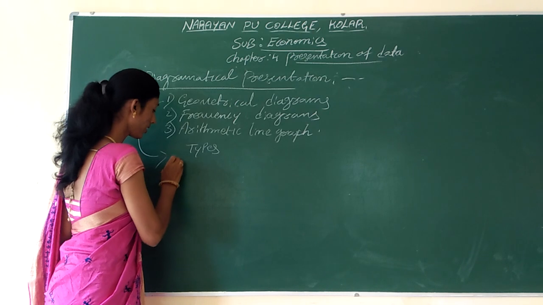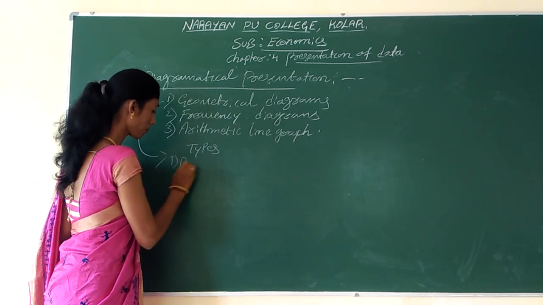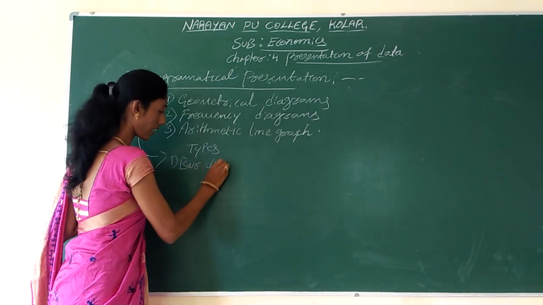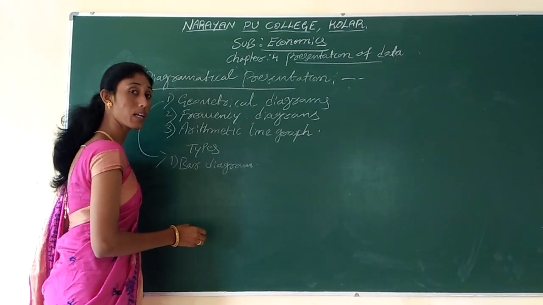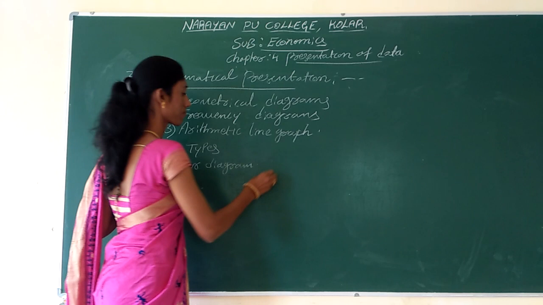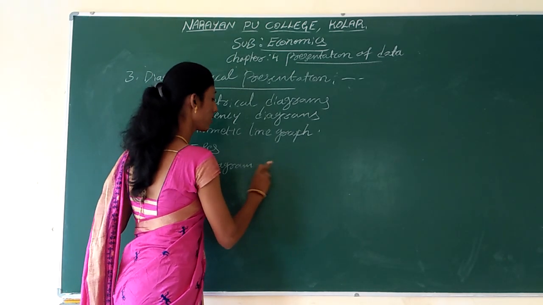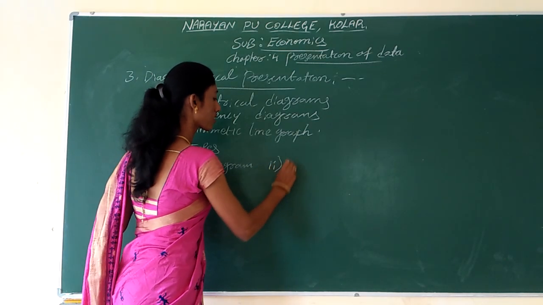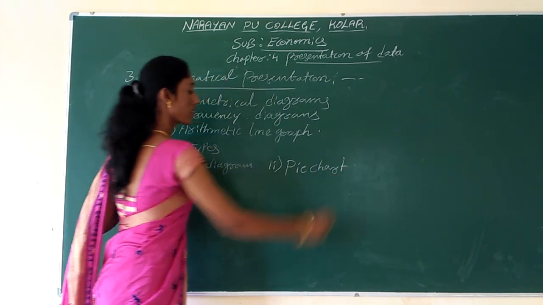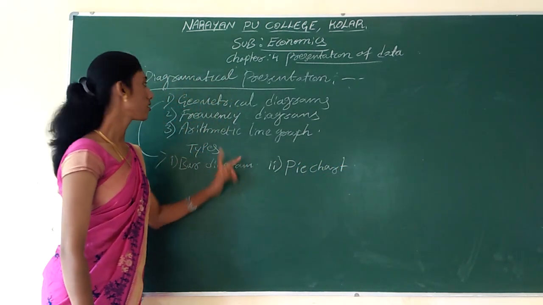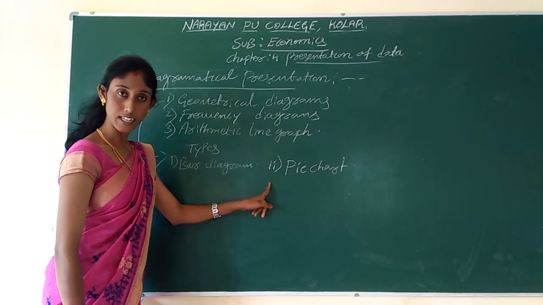First one, bar diagram, and second one, pie chart. These are the two types of geometrical diagrams.